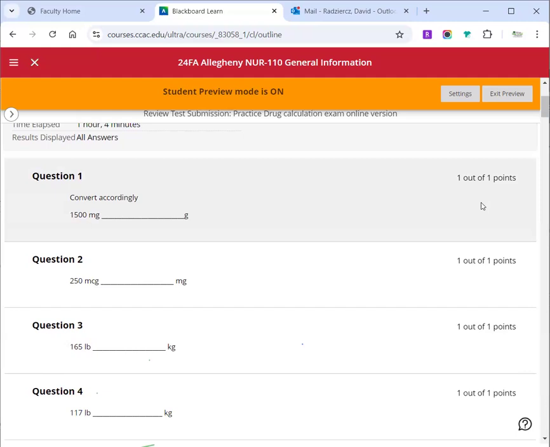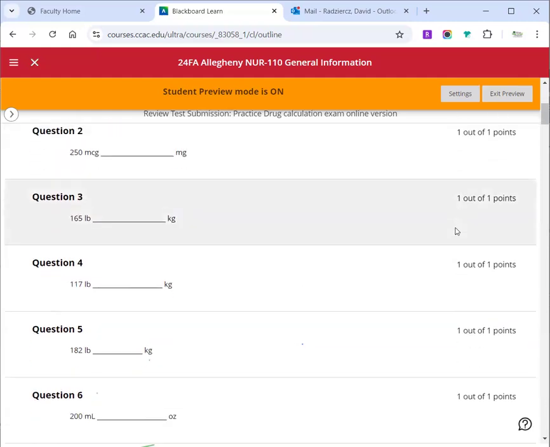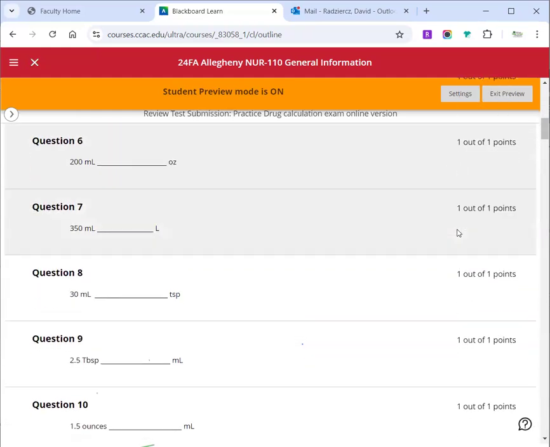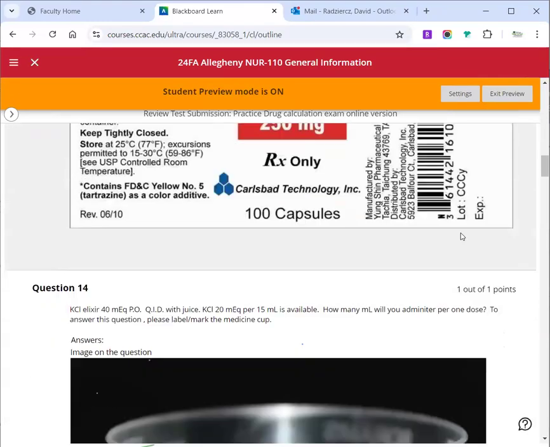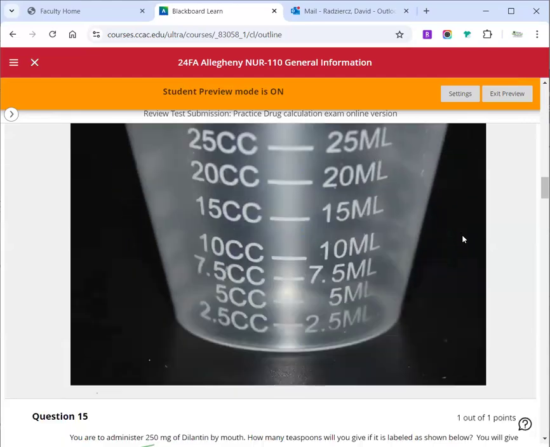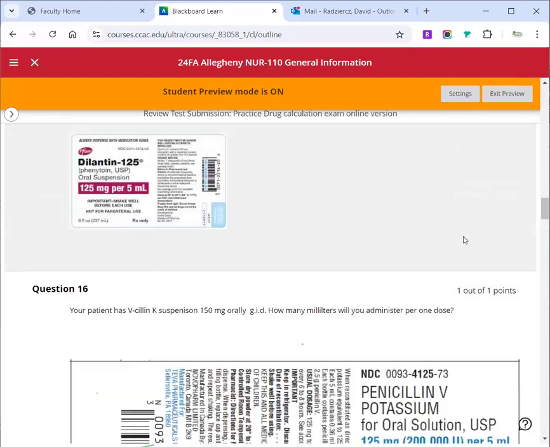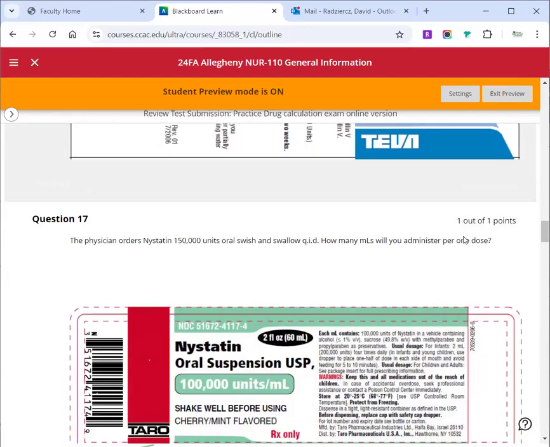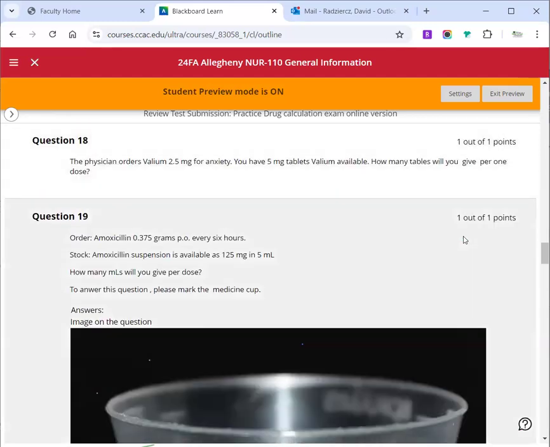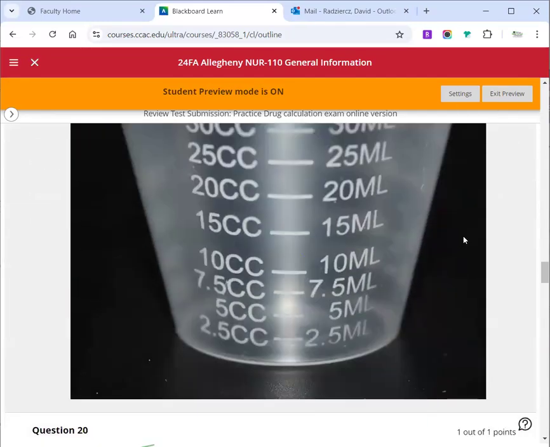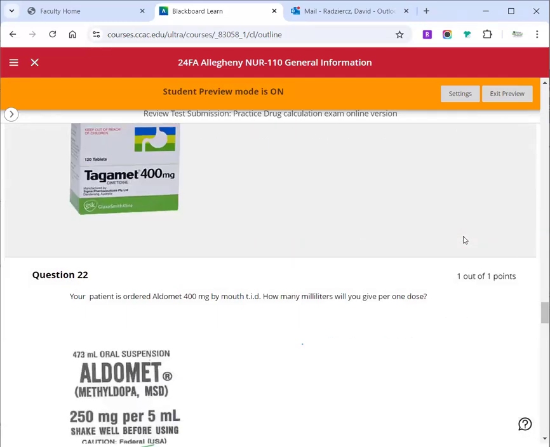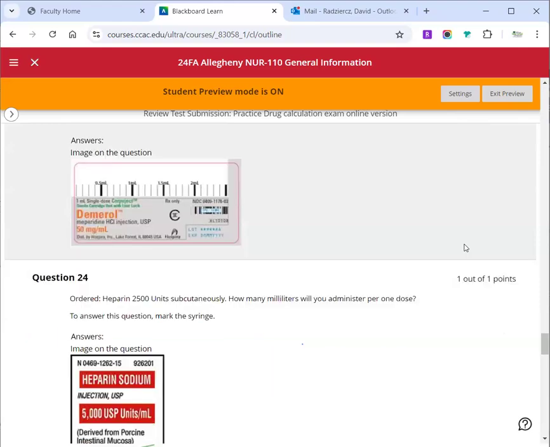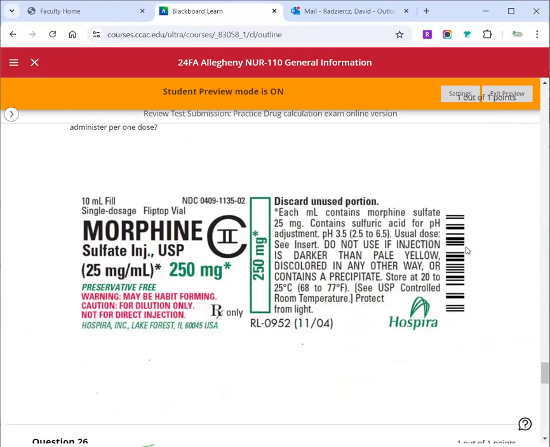So it's not giving me the answers, but it's telling me if I got full credit for it. So if I got 1 out of 1, then I got the full credit for it. So I'm just going through and seeing if there's any that I missed. The ones I'm worried about missing were some where I put my points down, but it looks like everything's coming back. This is exactly the feedback you get. Even if you got 0 out of 1, you don't see what you put. But if you ever run into something, you can always take a screenshot and send it to me.